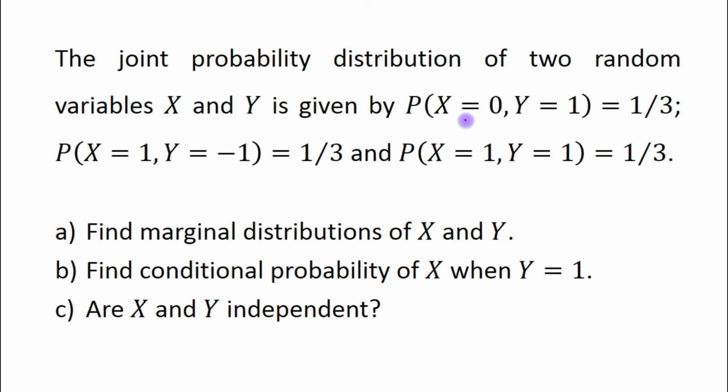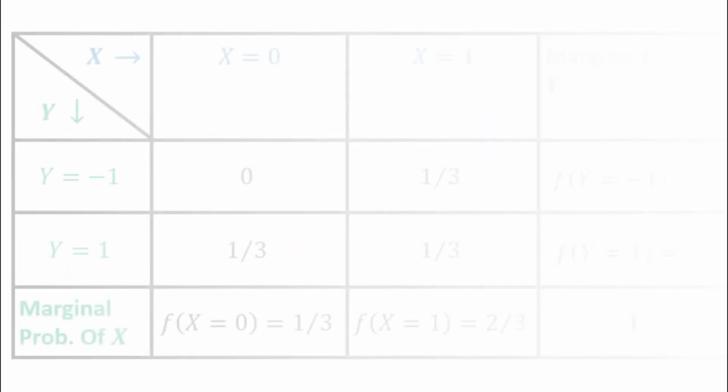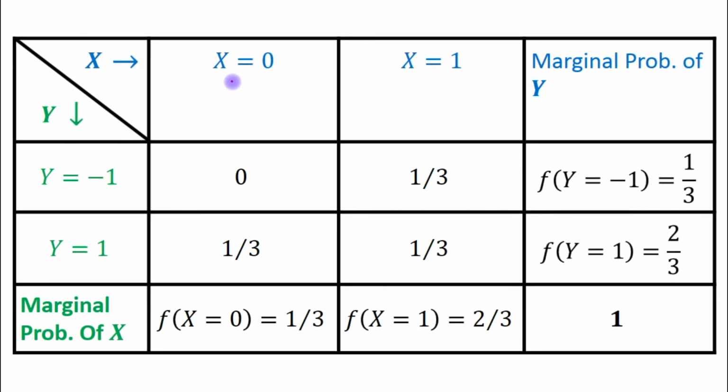Using these joint probabilities, we can form the joint probability distribution in this form, where the values of x have been given as 0 and 1 and the values of y have been given as -1 and 1. Their joint probabilities were given in the question. This is the marginal probability of x, and here we have the marginal probability of y.